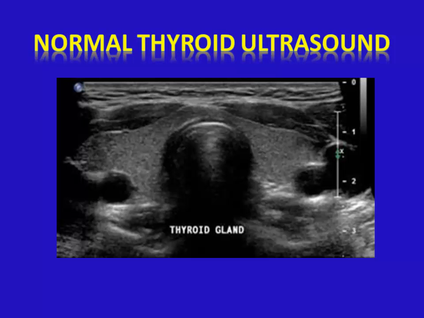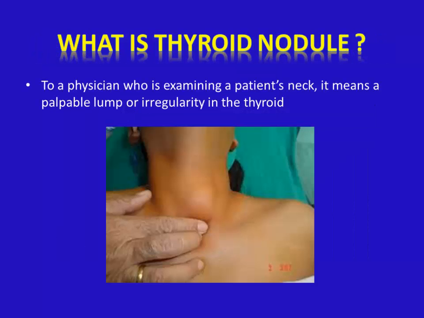This is the normal appearance of the thyroid gland, in which you can see the trachea here in the center. In front of it lies the isthmus and both thyroid lobes on each side, with the common carotid artery posteriorly, and more lateral to that the internal jugular vein. This will be covered by the strap muscles and the sternomastoid muscles.